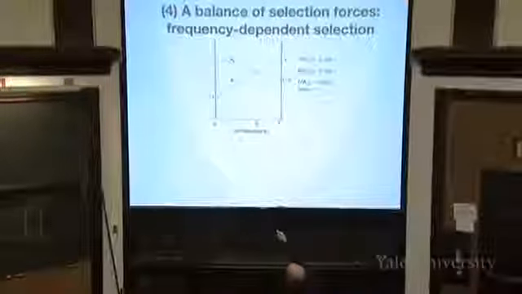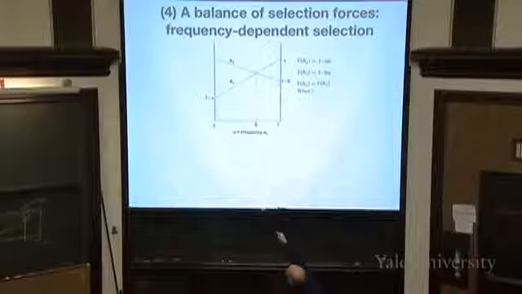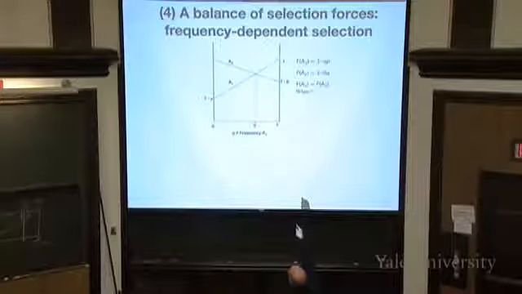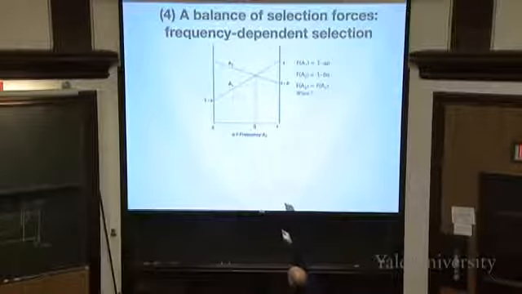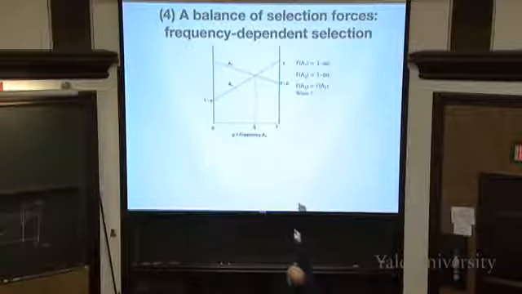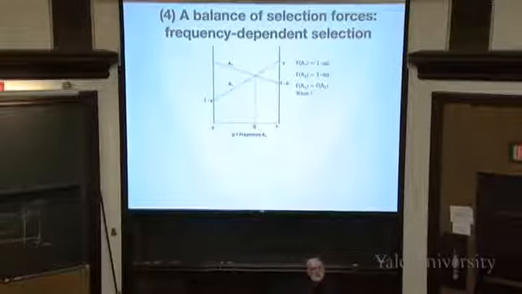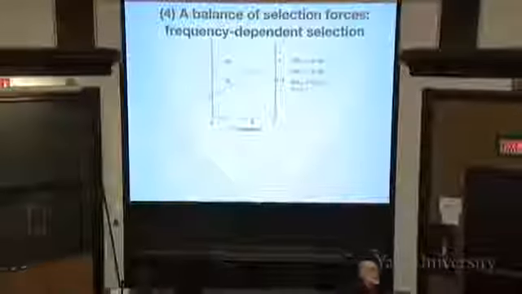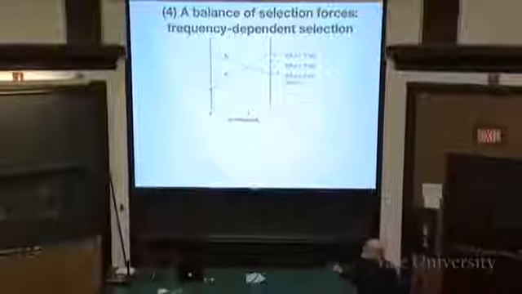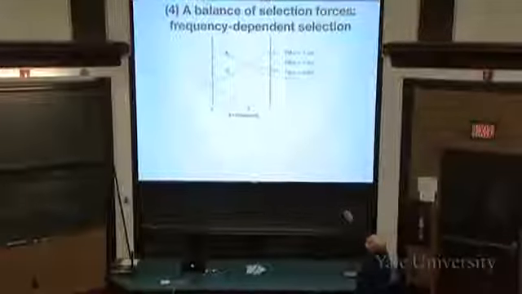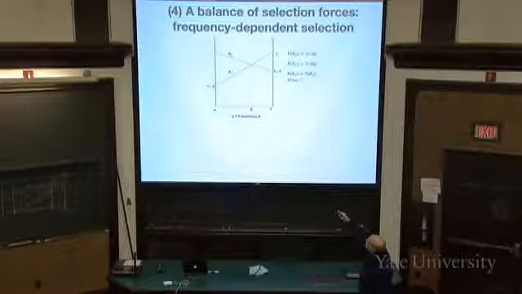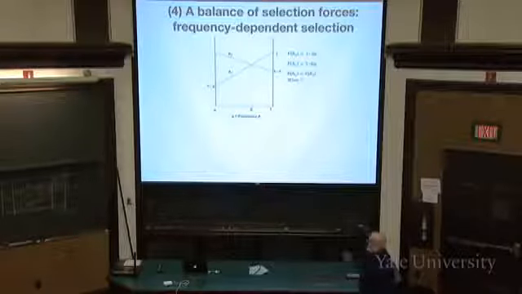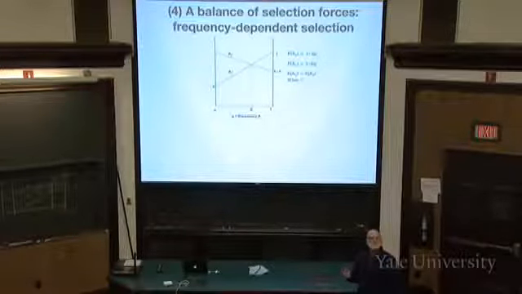A1 has low fitness when it's at high frequency, and high fitness at low frequency. A2 has high fitness at low frequency, low fitness at high frequency. So both of them do better when they are rare. And I think that you can see intuitively from this diagram that at equilibrium, they will stop changing when their fitnesses are exactly the same.